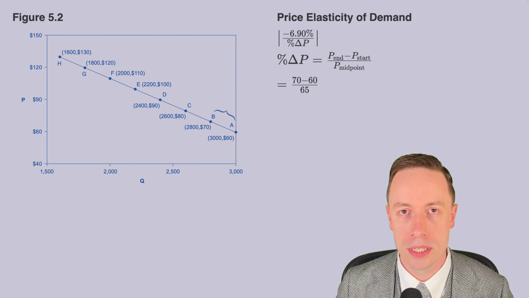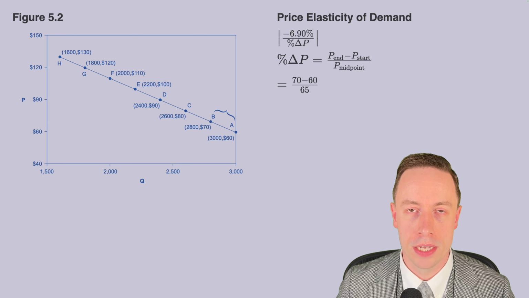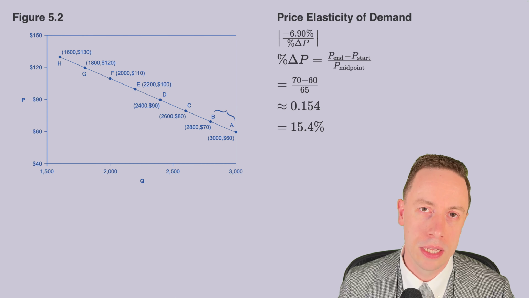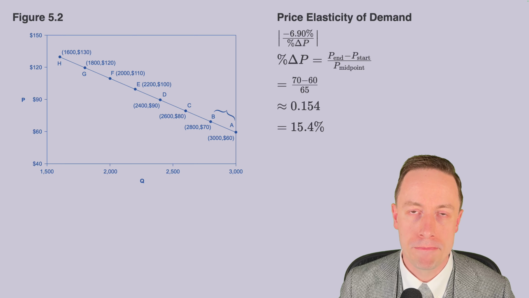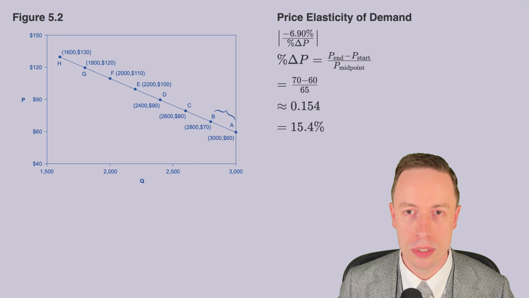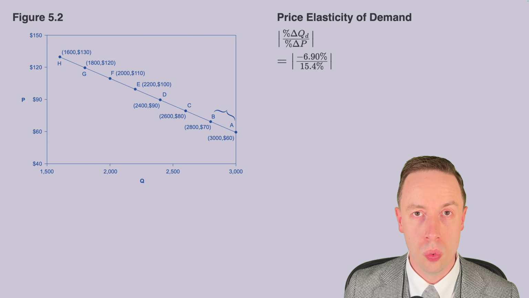All right, so 70 minus 60, that's a 10 unit change. We're going to go ahead and divide that by 65. Our calculator tells us, rounded to three significant digits, that's 0.154. Convert into a percentage change, 15.4%.